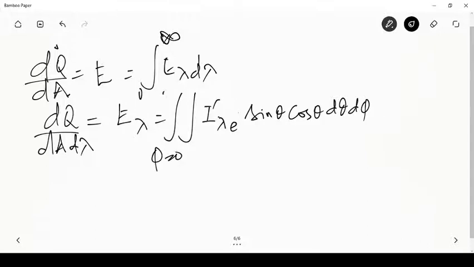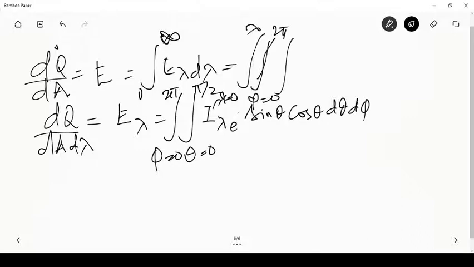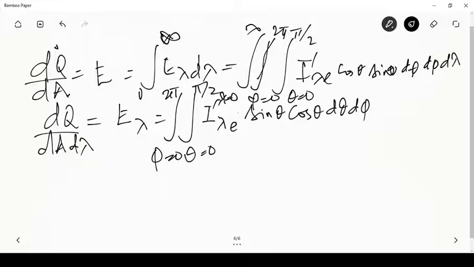Phi is equal to 0 to 2 pi and theta is equal to 0 to pi by 2, and therefore if I put these two together, this will be equal to the integral over lambda from 0 to infinity, and the integral over phi from 0 to 2 pi, and the integral over theta from 0 to pi by 2 of I prime lambda e into cos theta sin theta d theta d phi d lambda. Okay, so that is your entire integral that will come.